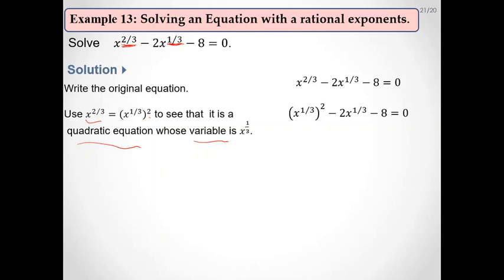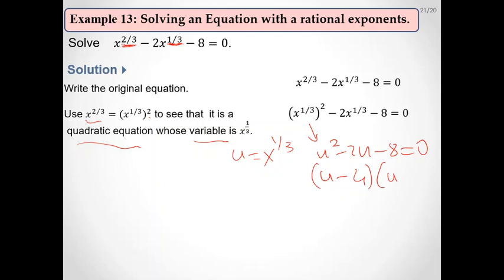Now you can use a variable if you want, like for example, u equal to x to 1/3. Then it becomes u squared minus 2u minus 8. And then you can calculate the variable. You can factor it, and then it will give you two solutions, and then get back to x again.